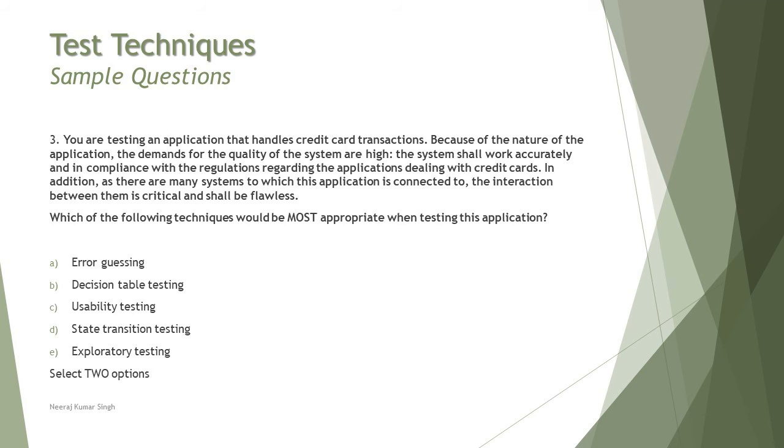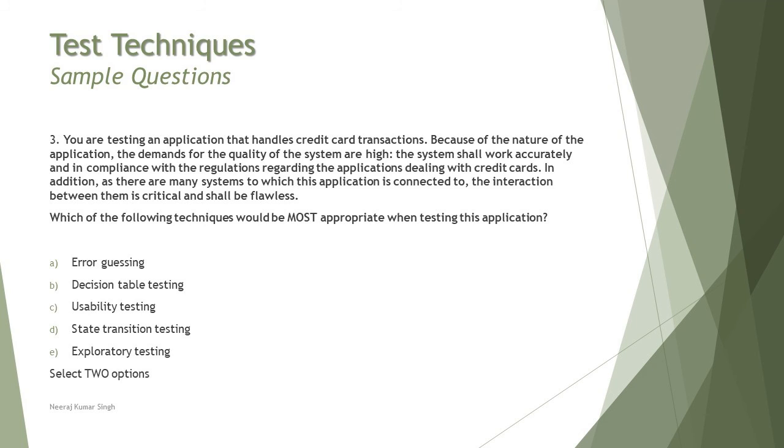So credit card, you understand there could be certain conditions, like whether this is eligible or not, this card is valid or not, then PIN, yes or no, valid or not. So one thing is that you will be creating a decision table for this. And second, as it is a transaction flow, you will be using state transition testing as well to understand the control flow and derive the test cases.